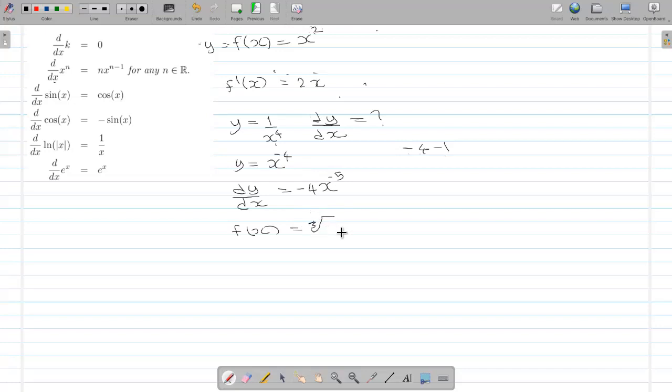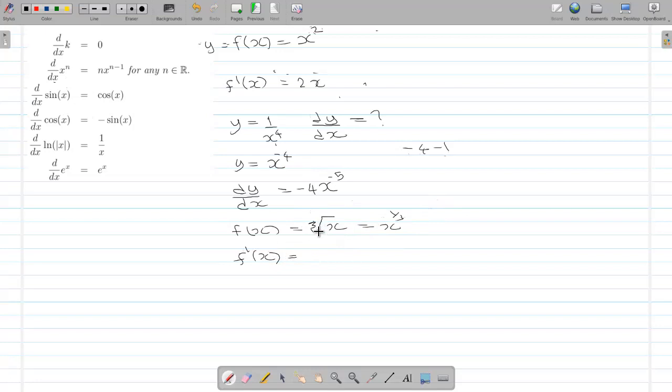If I'm looking for f dash, it's the same thing as dy by dx. So again, here I have to rearrange this to look like this. If you recall, we know it's x to the 1 over 3, no?